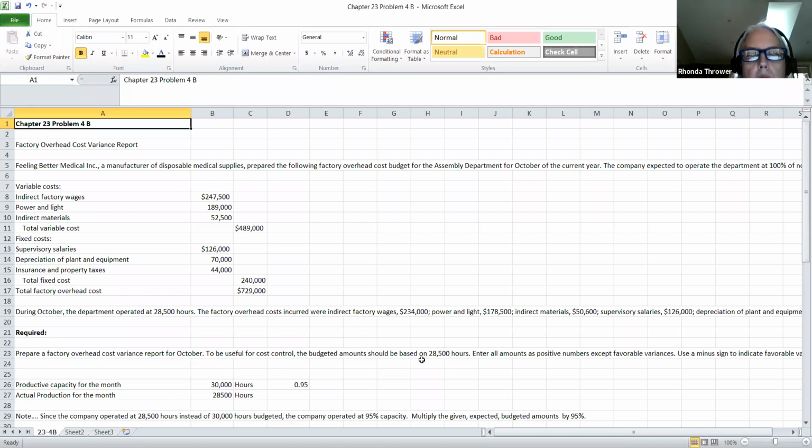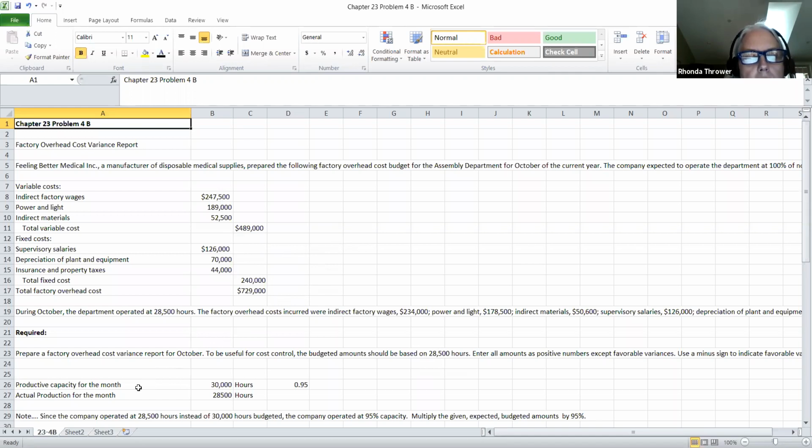They want you to use the budget based on 28,500 hours. So I'm going to show you how to calculate the percent that you actually operated at, so that we can convert this 100% operating hours to the actual operating percent capacity that we actually did during this period of time.